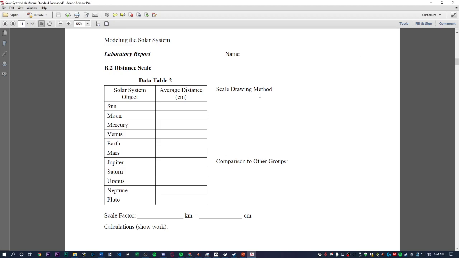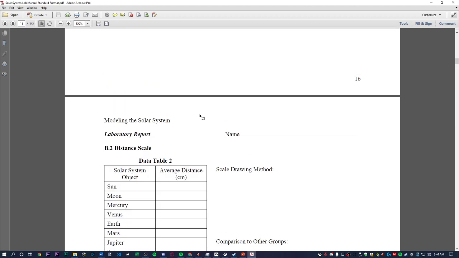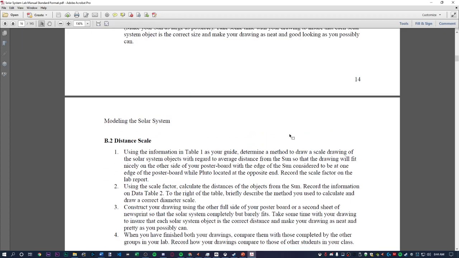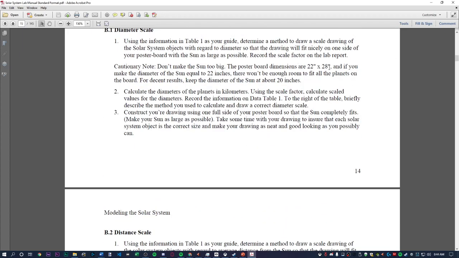Here again is a similar situation, but this time it's the average distance from the sun. So your sun is going to be at 0 centimeters, and everything else is going to be some distance. So we have a poster board that is 22 by 28.